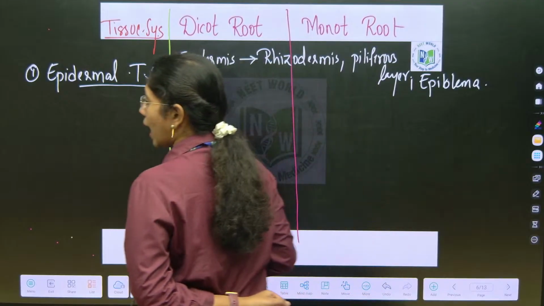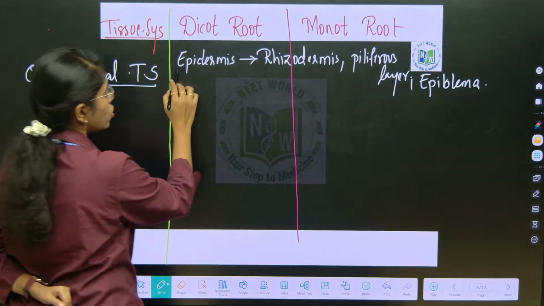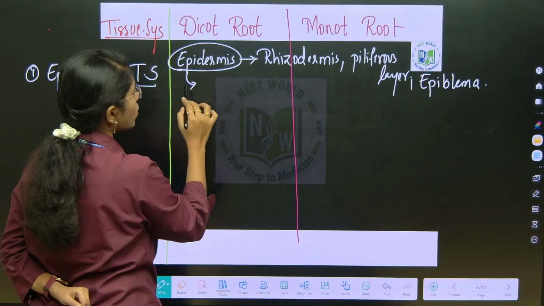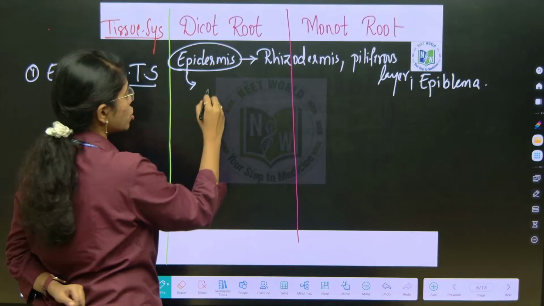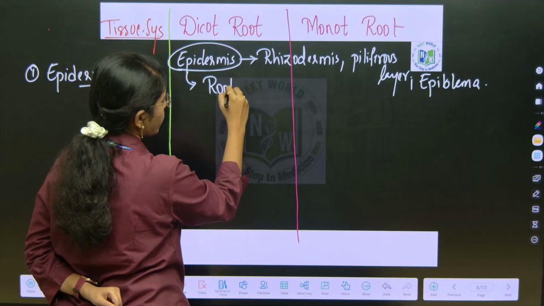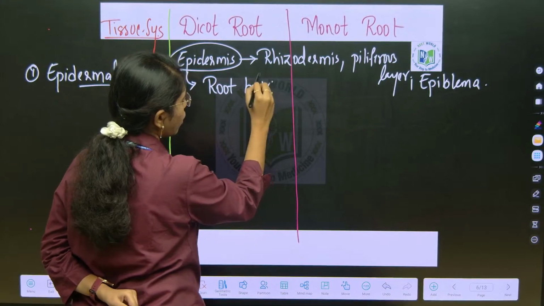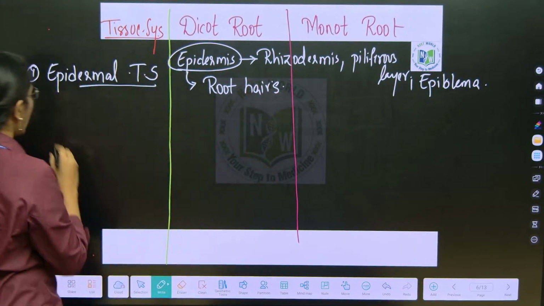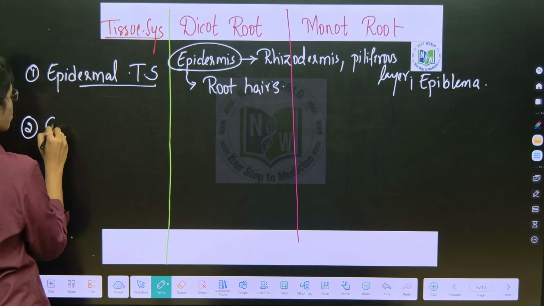This epidermis is unilayered and has unicellular tubular projections called root hairs, both in dicot root and monocot root. And next you see the ground tissue system.